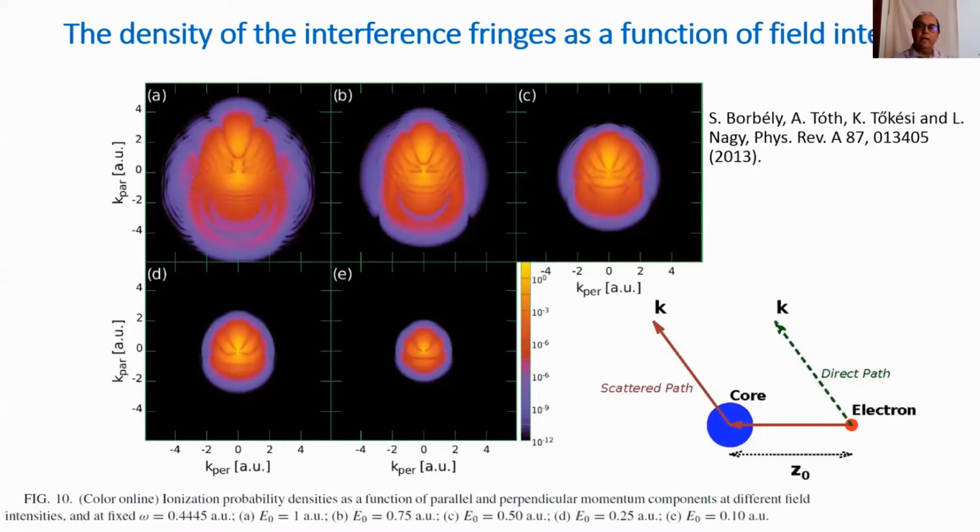For higher intensity, Z0 is larger, and for lower intensity, Z0 is lower. When this maximum distance Z0 is larger, the density of the radial fringes is larger.